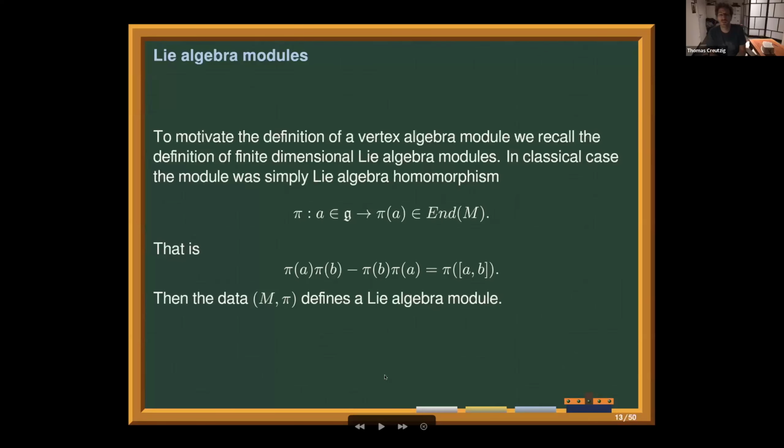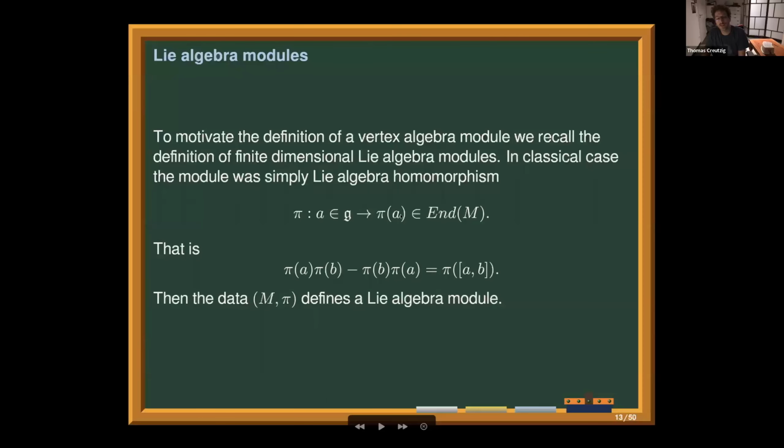And let me here quickly recall the definition of a representation of a Lie algebra. A Lie algebra module is a map that assigns to every element in the Lie algebra a linear map on your underlying vector space, so an element in an endomorphism space. And this map has to respect the Lie algebra structure.